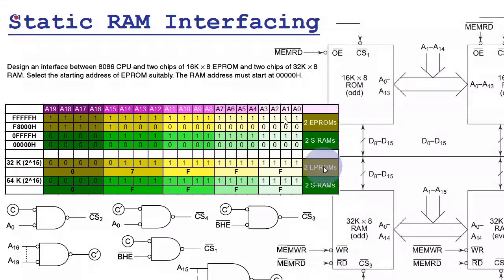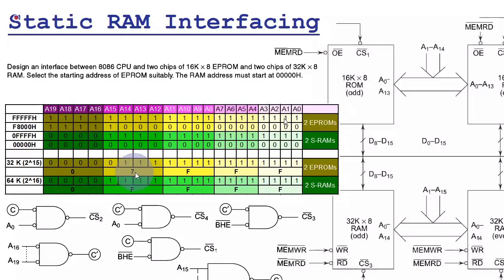Since I am trying to interface these two EPROMs from the end of the addressable space, I will subtract this number 07FFF from FFFFF to get my beginning address. So the three F's at the end become 0, and you have got a 7 here. F minus 7 would be 8, and then you have got an F here and a 0 here.